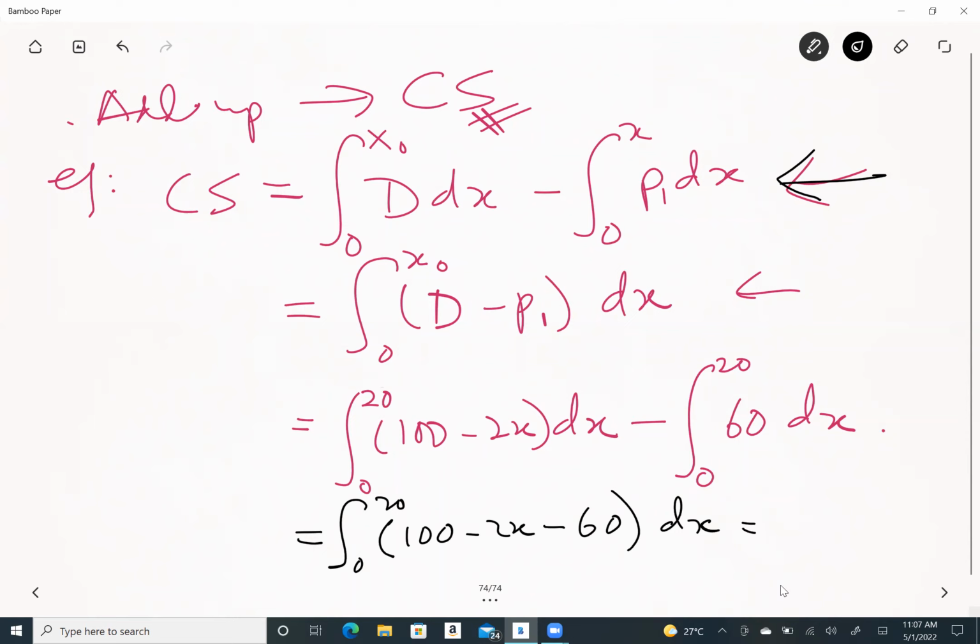So that is the integral from 0 to 20 of 40 minus 2x dx. Okay, for this one, we have 3 minutes. I want you to finish up. Get the value of the consumer surplus. How much is it?